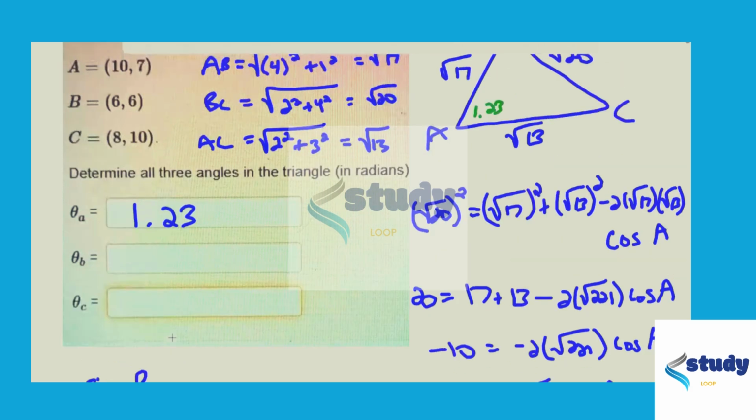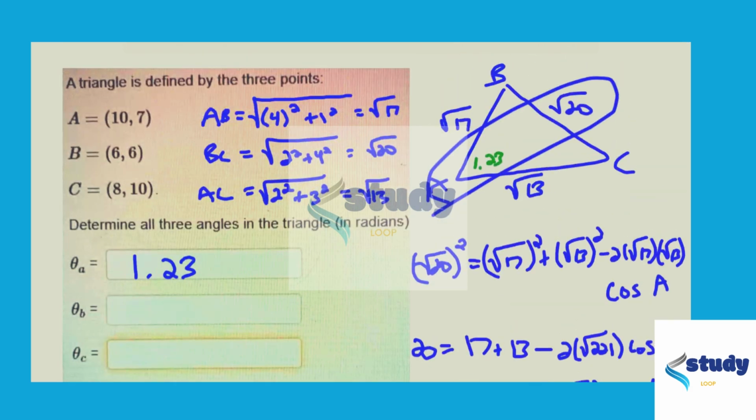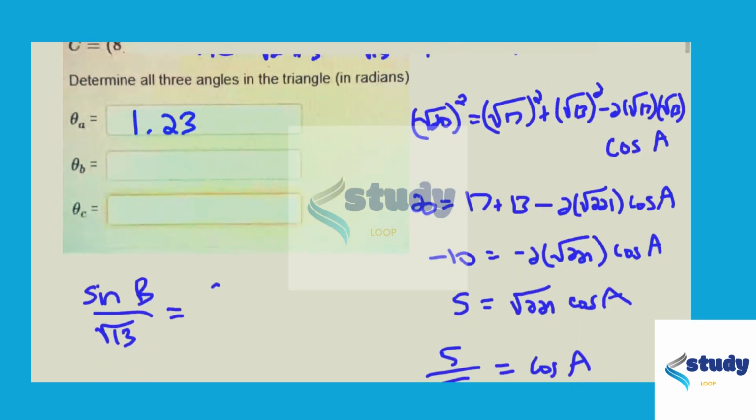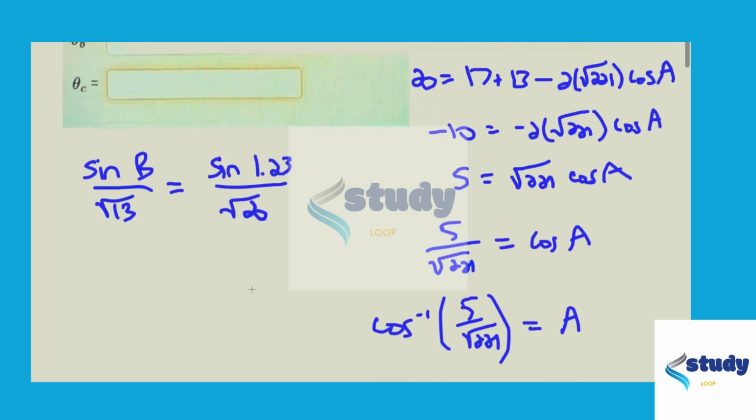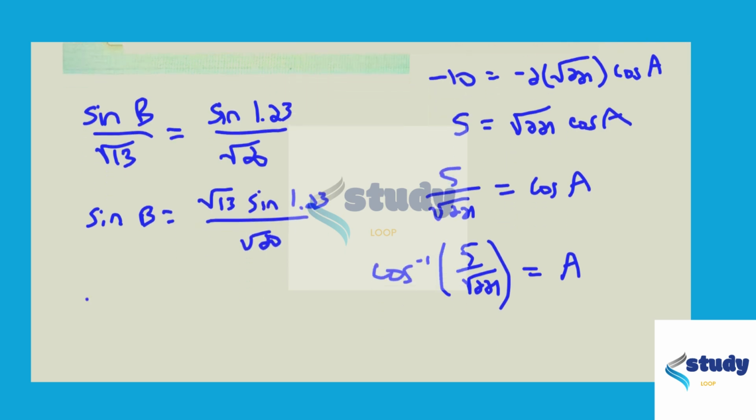Now that we have a pair, the A pair, we can say the sine of 1.23 radians over its opposite side, the square root of 20. Multiply both sides of the equation by the square root of 13. And then we can inverse sine both sides.